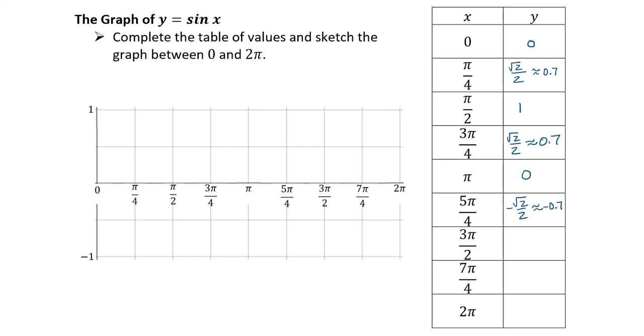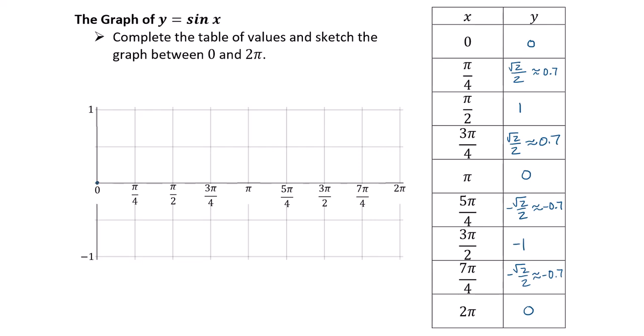The sine of 3 pi over 2 is negative 1. The sine of 7 pi over 4 is negative square root of 2 over 2, or about negative 0.7, and the sine of 2 pi is 0. Now, we've said that this graph is periodic because these values after 2 pi will just repeat.